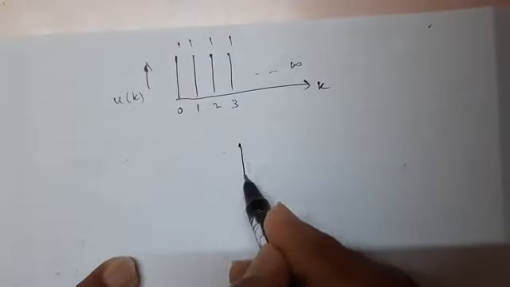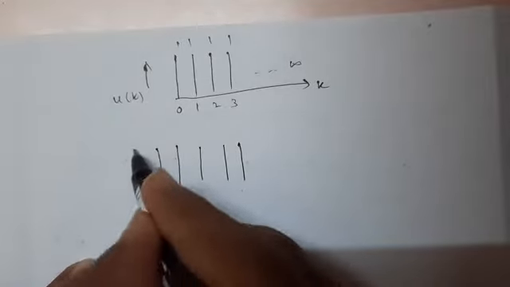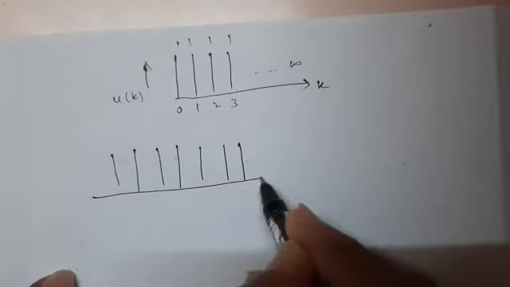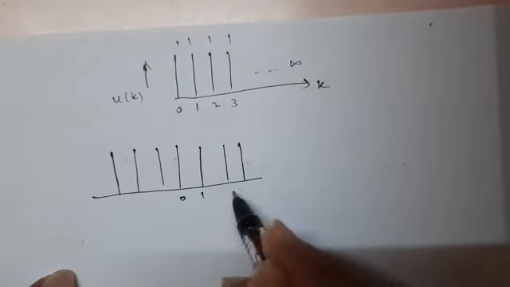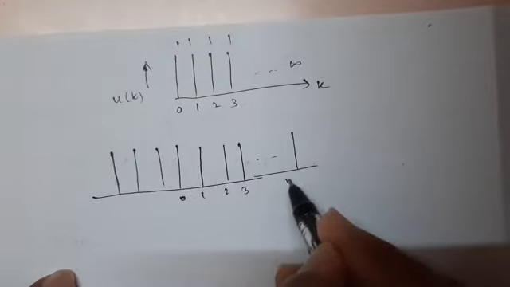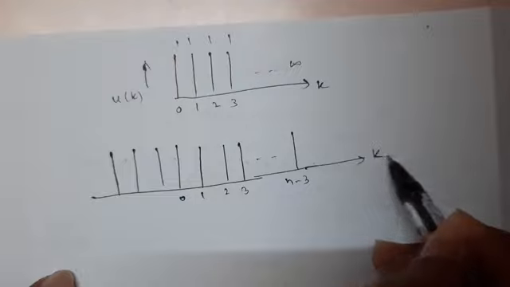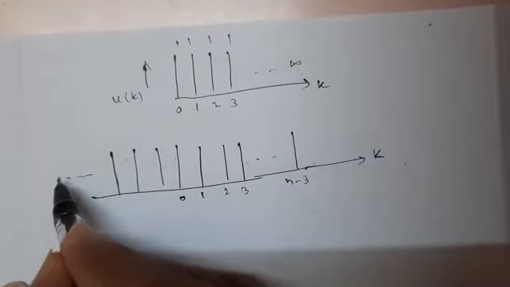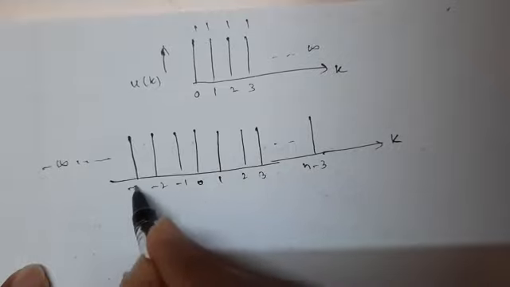So I will try to write here. This is 0, this is 1, this is 2, 3, somewhere here you have n minus 3 which is greater than or equal to 0. And this is towards minus infinity. What are these values? Minus 1, minus 2, minus 3.